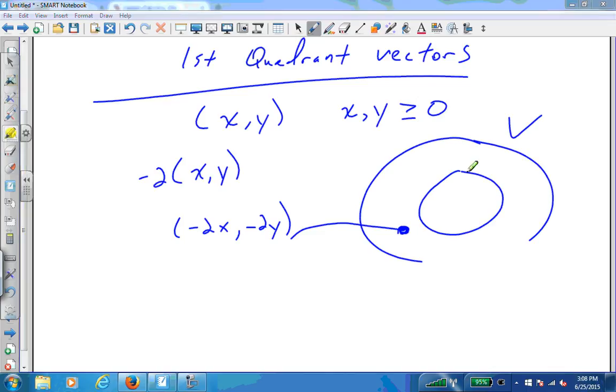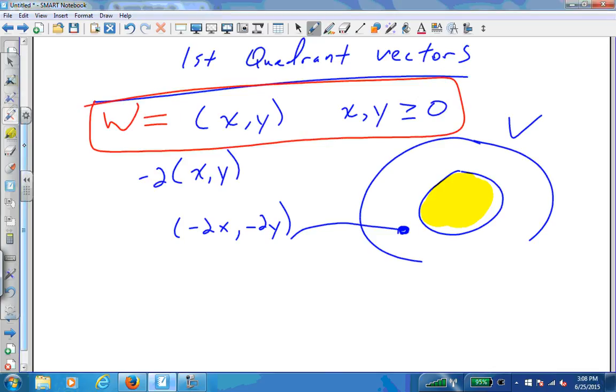So let's call this subset W, the set of first quadrant vectors. Then if we multiply one of those by a negative, we get something that's still a real vector, but it's not inside that set W anymore. So therefore, this is not a vector space.